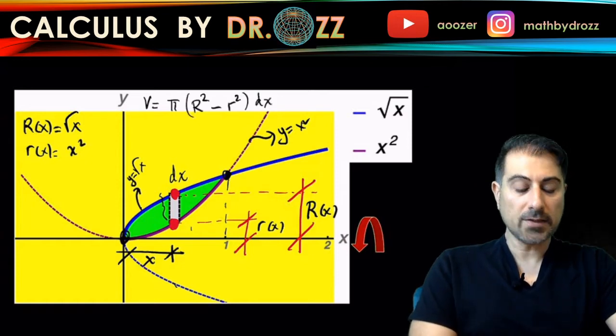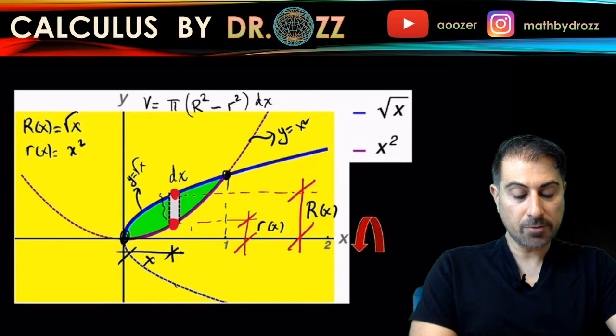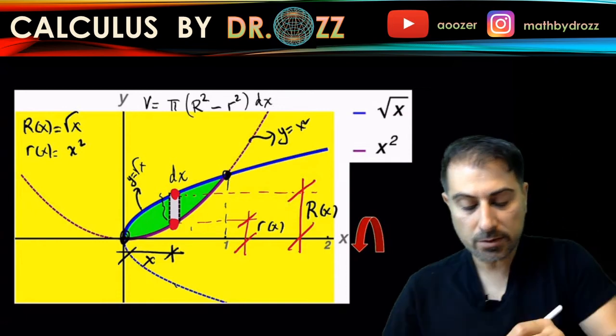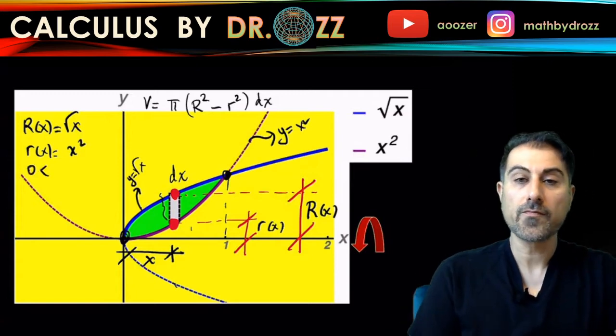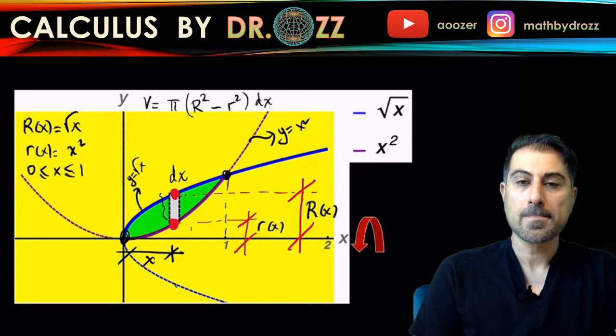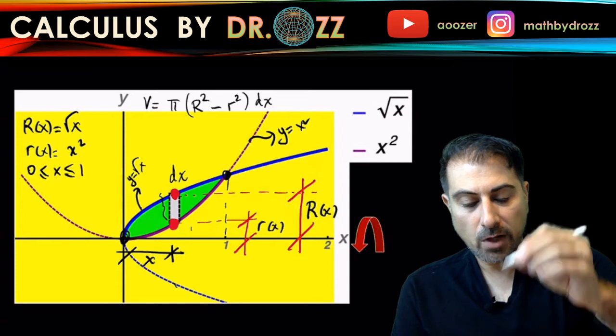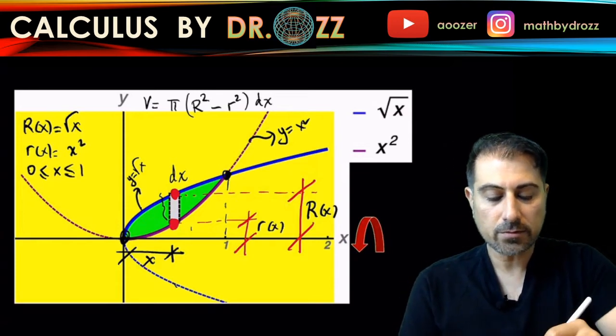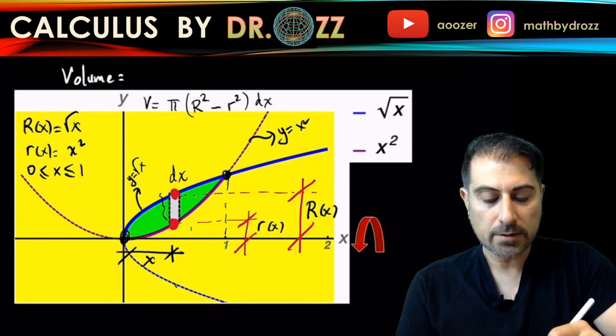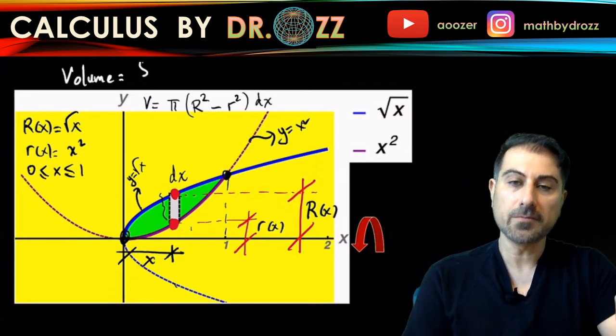And here the x's are ranging in the green region, between 0 and 1. So I'm going to choose the interval 0 to 1. Let's go ahead and write down the volume integral. We don't need to evaluate that, we just need to write it down. So integral from 0 to 1.